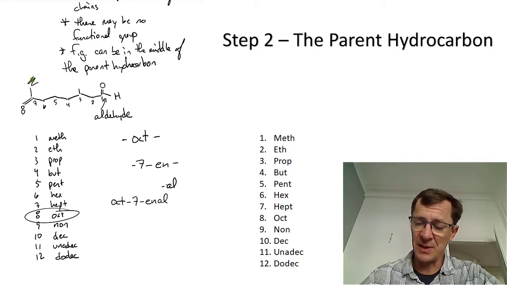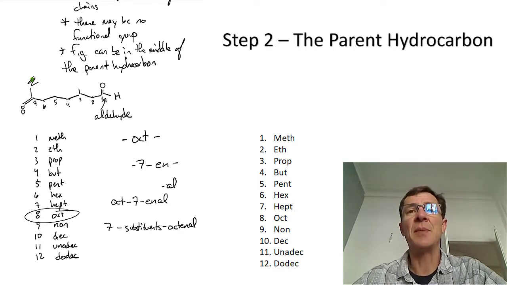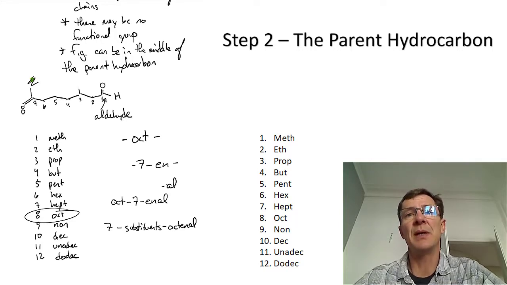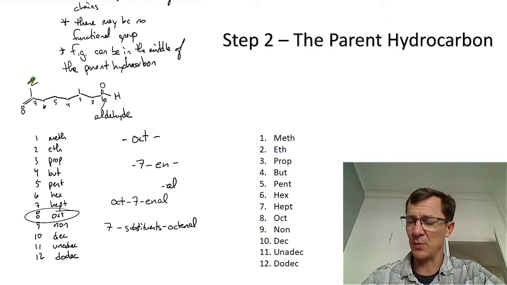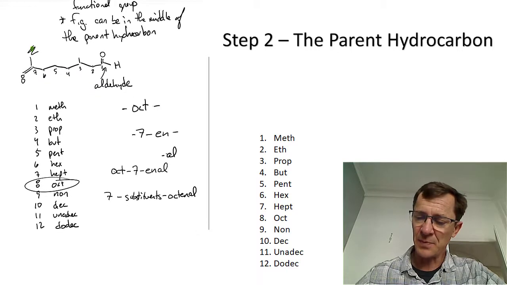You will often see this shown as something like 7-substituents-octene-al. That's the old school IUPAC. I don't like it as much because it's harder for you guys. And it's old-fashioned. It makes you sound like a 65-year-old chemist, and nobody wants to sound like a 65-year-old chemist, at least for the next 15 years.